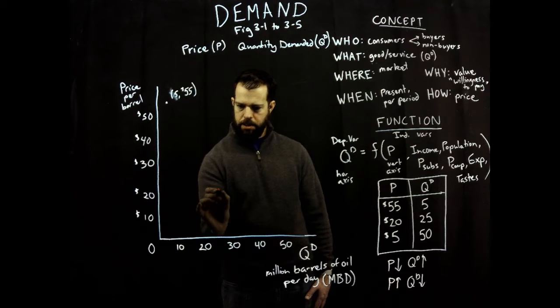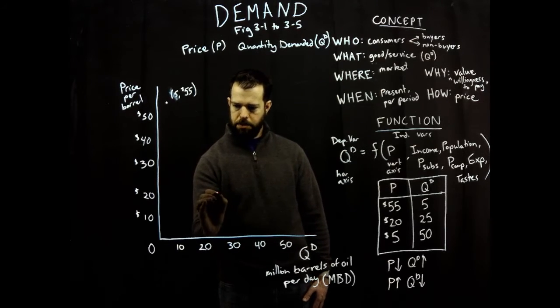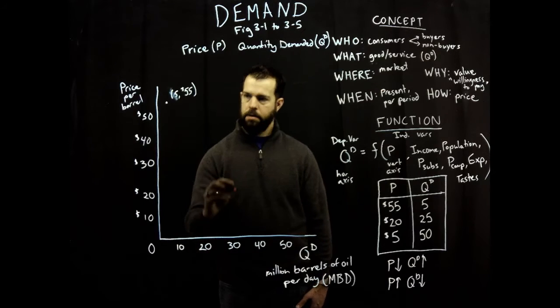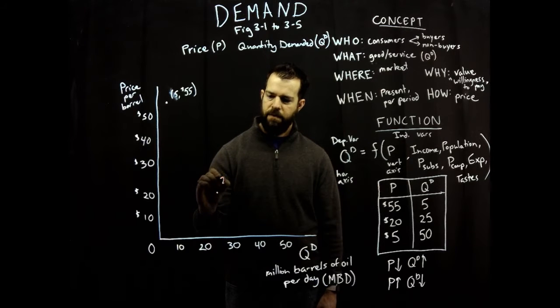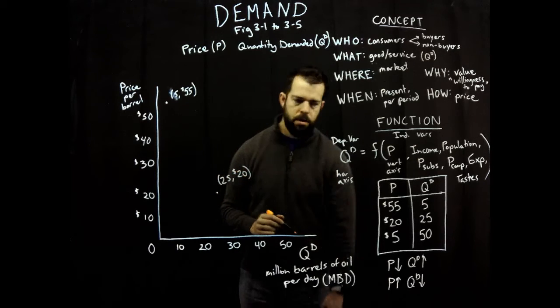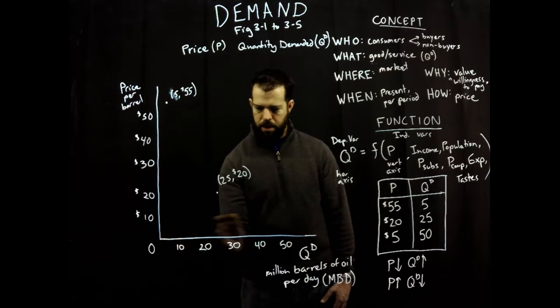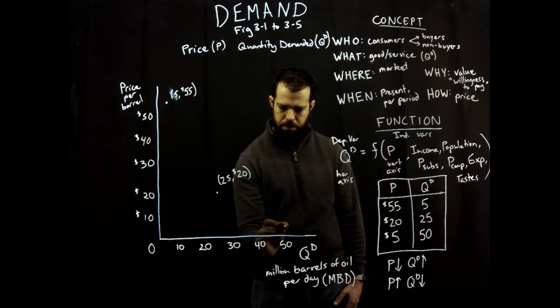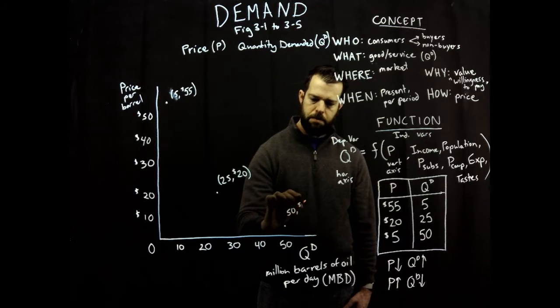So about right here is our next point. And so we're going to say 25 million barrels of oil per day when the price is 20. And then when the price drops to $5, the quantity demanded is 50. And so 50 at $5 per barrel. Okay.